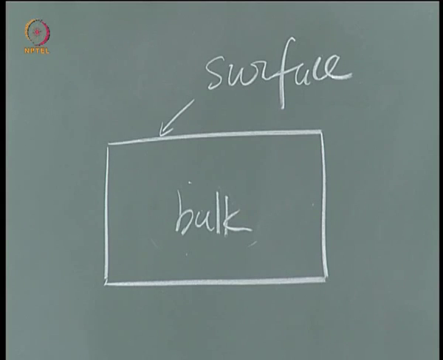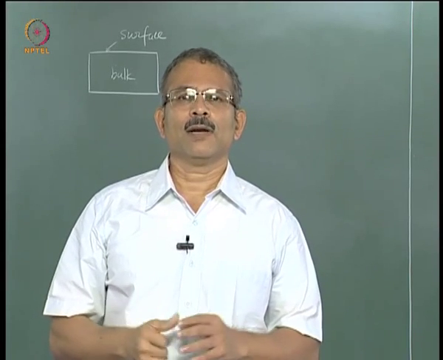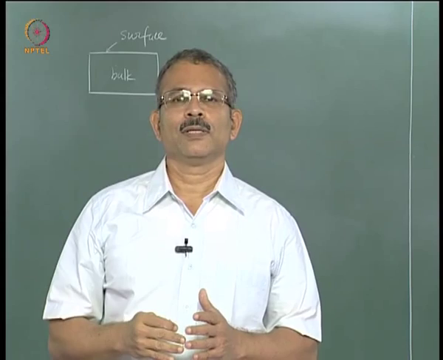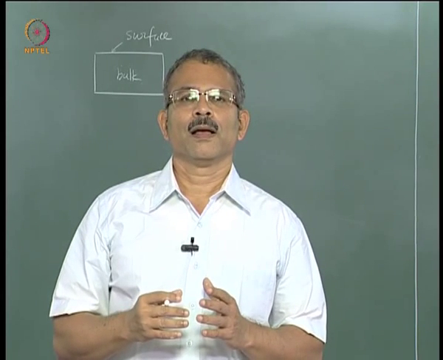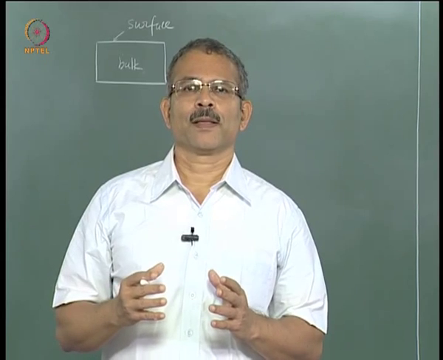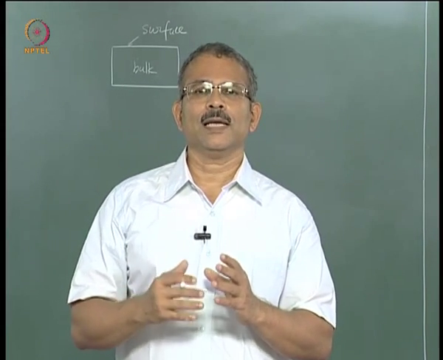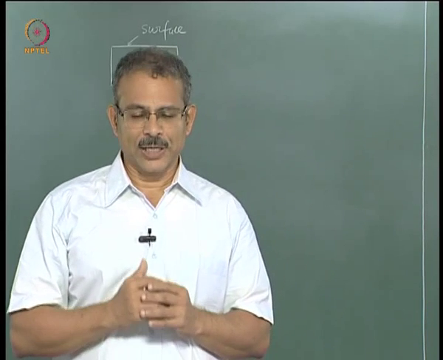What the largeness means we will understand at the end of our qualitative model. Right now let me just say that it is large enough so that the carriers undergo several thousands of collisions within that region. So it should be much larger than the mean free path of the carriers.